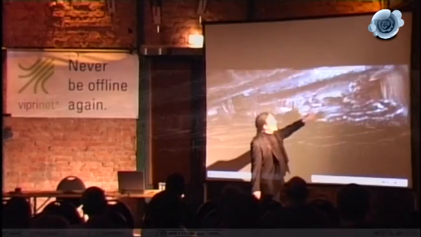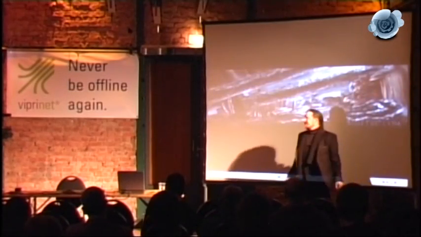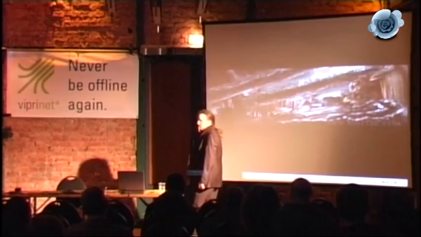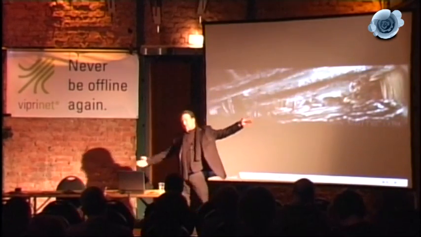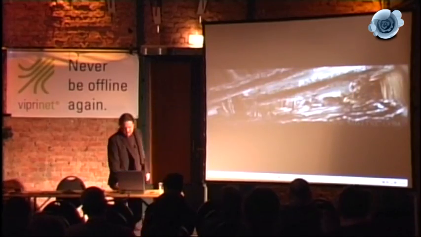For example, this is a small detail of a bigger picture of mine, and actually it works as a landscape. It has a horizon, it has buildings, it has some landscape in it, and if it had some characters, it would work as a separate scene.